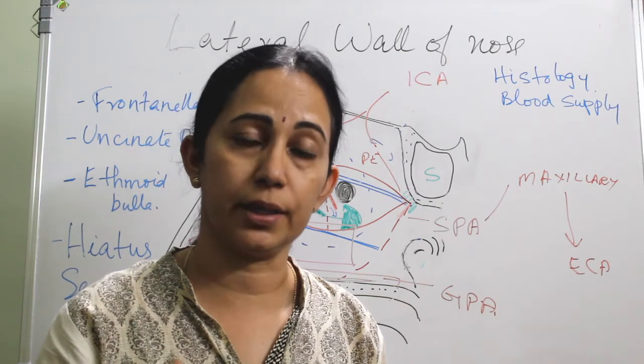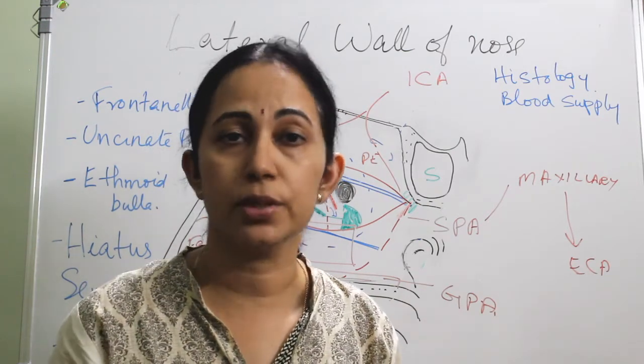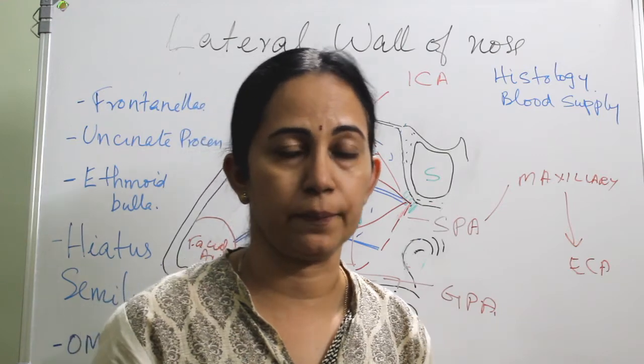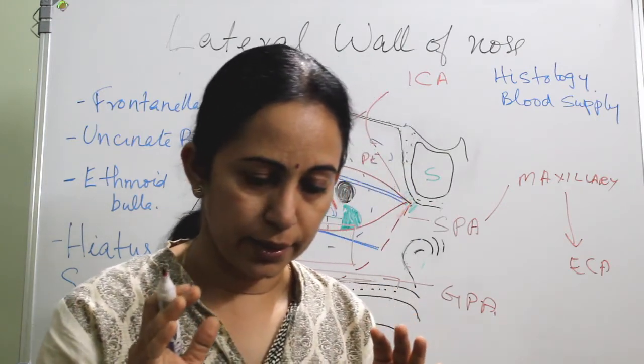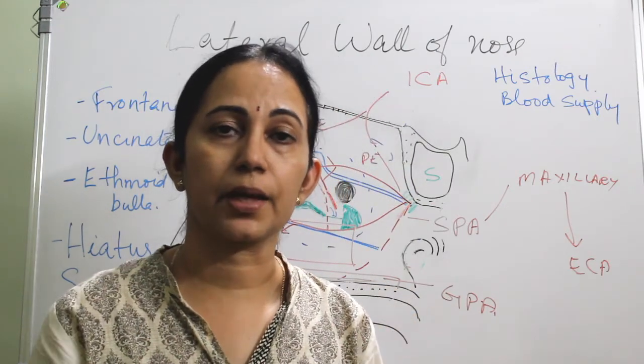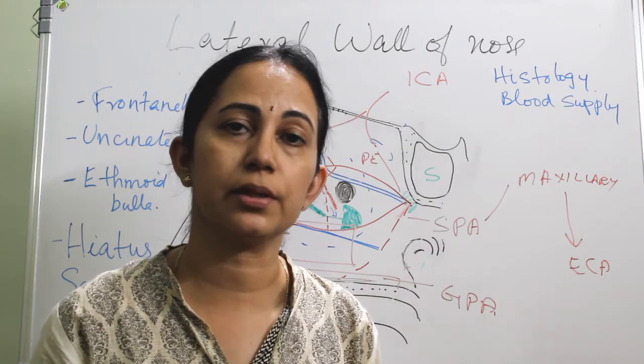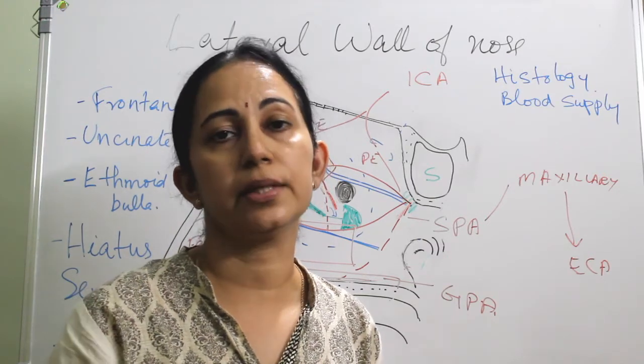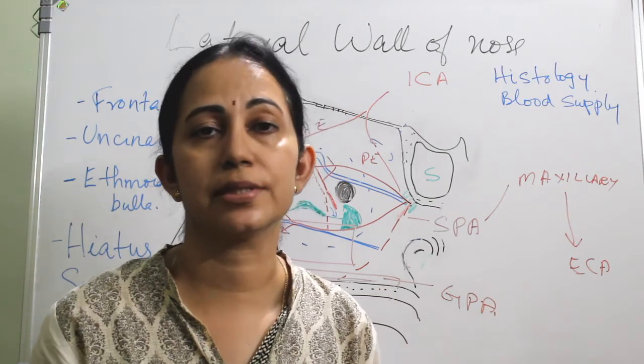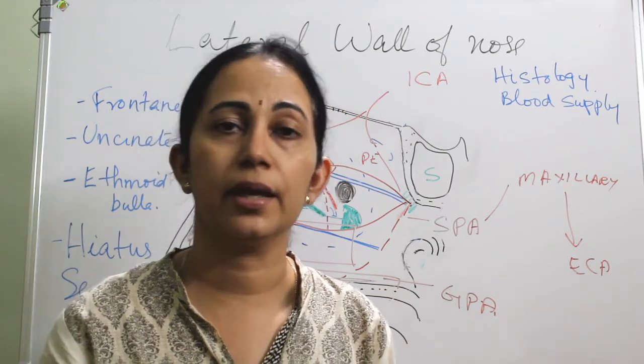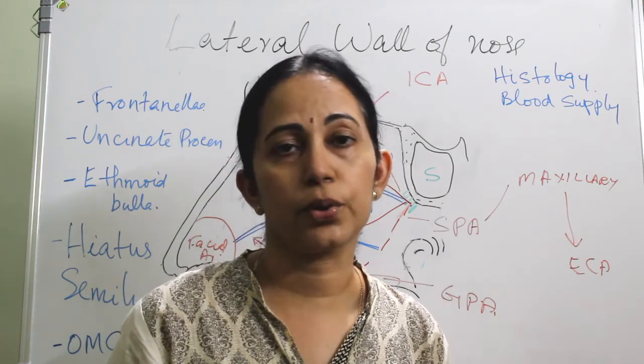Through it, the anterior ethmoidal veins communicate with the superior sagittal sinus. And as I told earlier, there is a cavernous plexus in the submucosal plane, especially in the inferior turbinate, with greater anastomosis, and they are also under autonomic control.